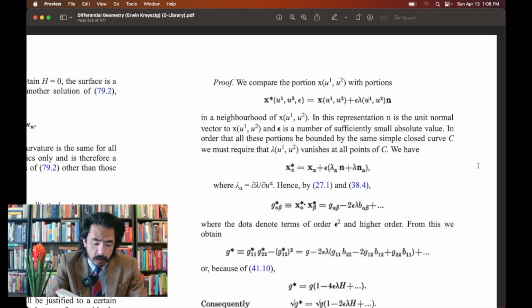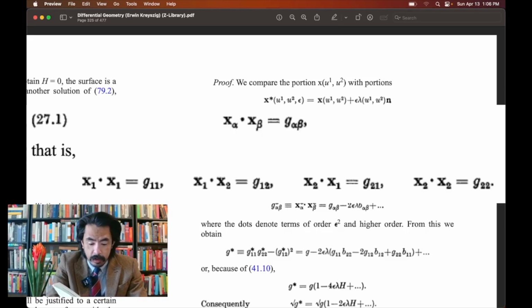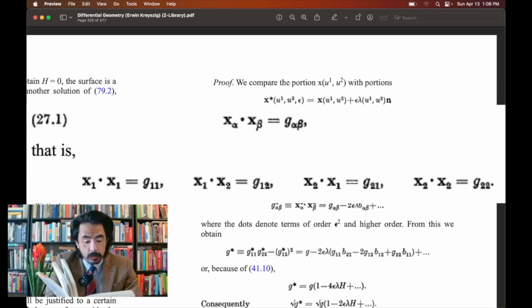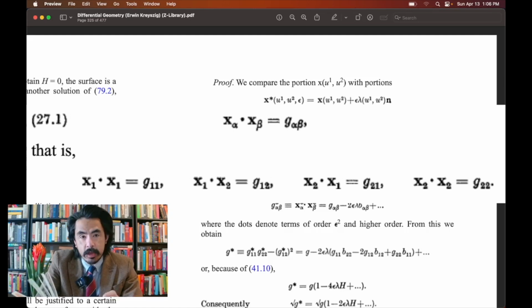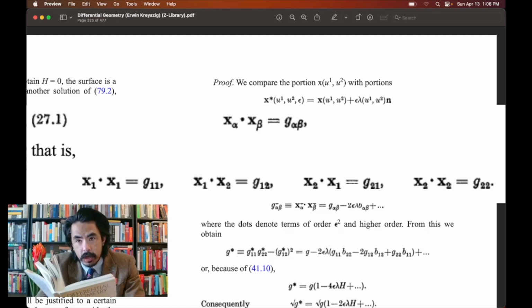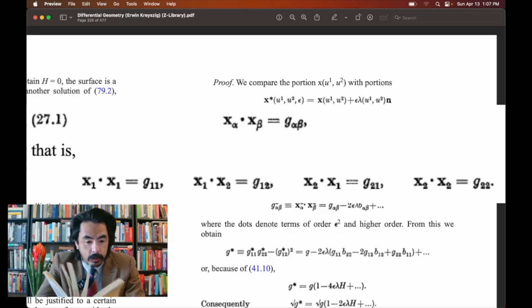Hence, by 27.1, which is just the definition for what the coefficients of the first fundamental form are, we have vector x sub alpha scalar product with vector x sub beta equals g sub alpha beta, where x sub alpha, for instance, represents a partial derivative of the vector parametric representation of the curved surface, but it is along alpha, which is like a vector direction. So alpha is one, beta is another one.